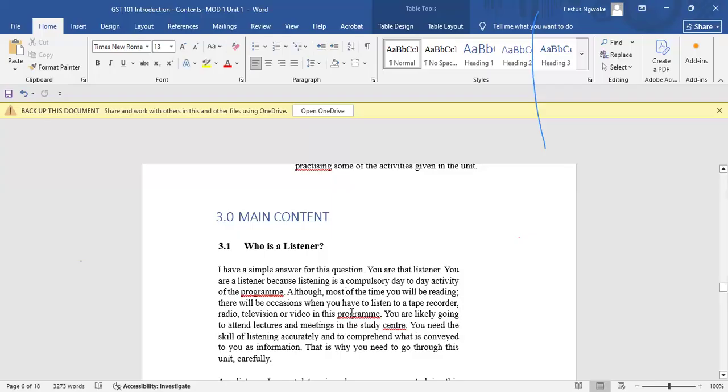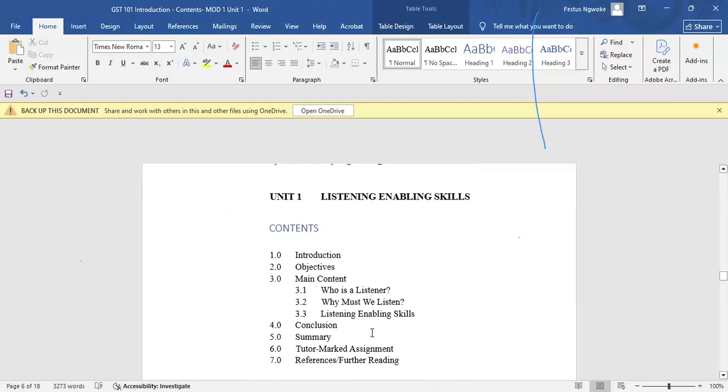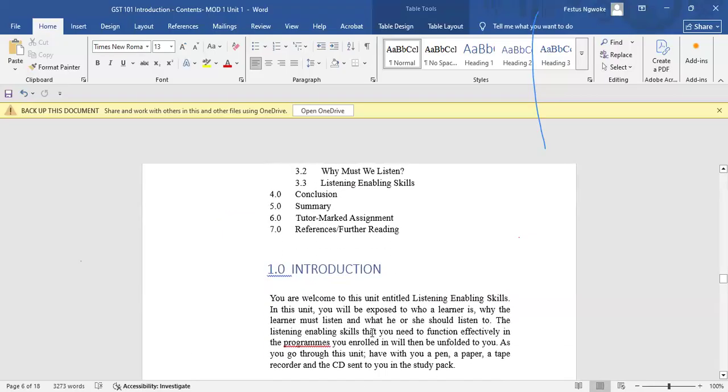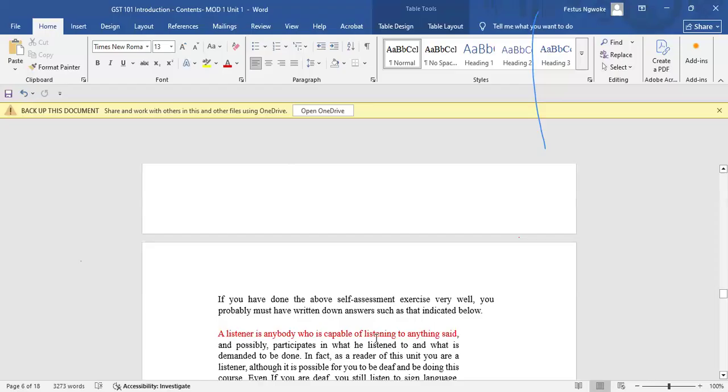The next thing we are going to look at is why must we listen? Why must we listen? Yes, we listen because through listening we can comprehend what is being said.